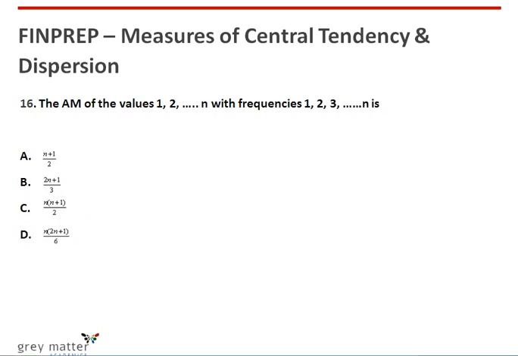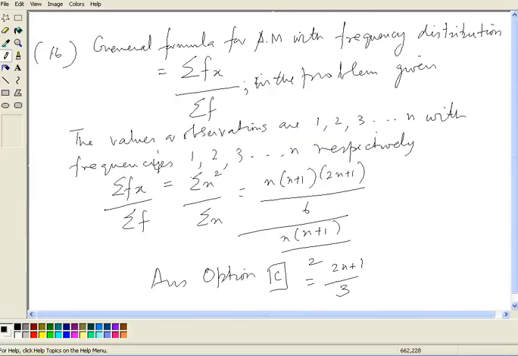16th question, the arithmetic mean of the values 1, 2, 3 etc. up to n with frequencies 1, 2, 3 etc. up to n. Going back to our worksheet, the general formula for an arithmetic mean with frequency distribution is given by sigma fx by sigma f.